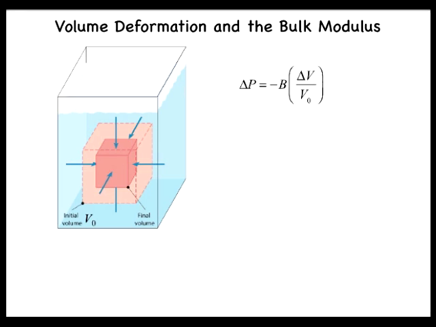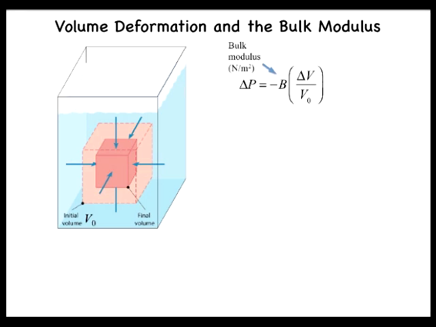This relation is analogous to those for the shear and Young's modulus, except that the area A in those equations does not appear here explicitly. The area is already taken into account by the concept of pressure, magnitude of the force per unit area. The proportionality constant B is known as the bulk modulus.